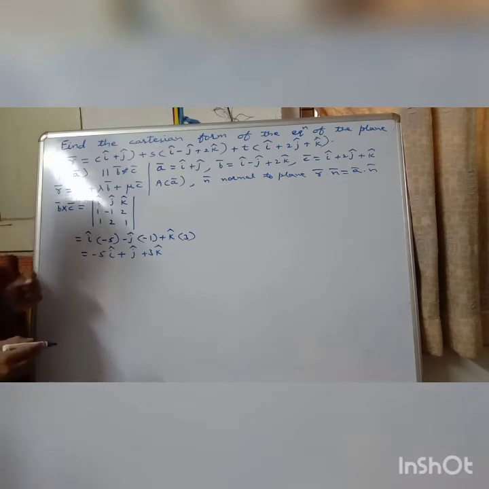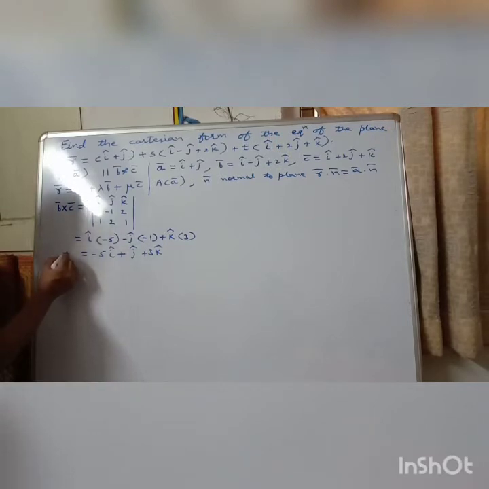B bar cross C bar, as it is perpendicular to the plane, means normal to the plane, we shall denote it by n bar.